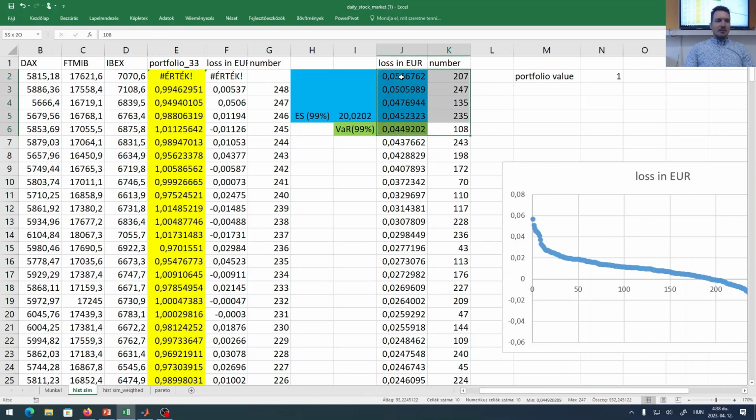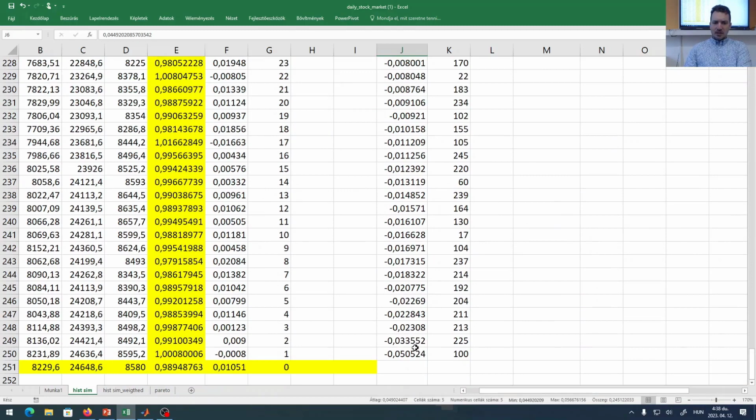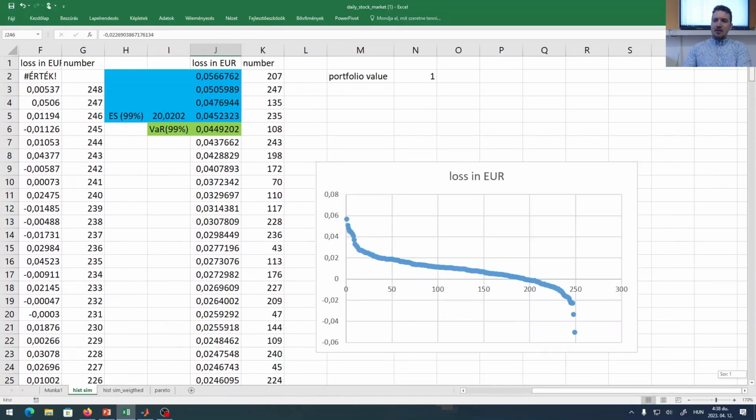Yeah, so these are 5 data points, which means 1%. Also this is the positive side, so the negative side of the VaR is supposed to be 1, 2, 3, 4, 5. So this is the expected shortfall, and this is the negative VaR, because we are just looking at the numbers here.